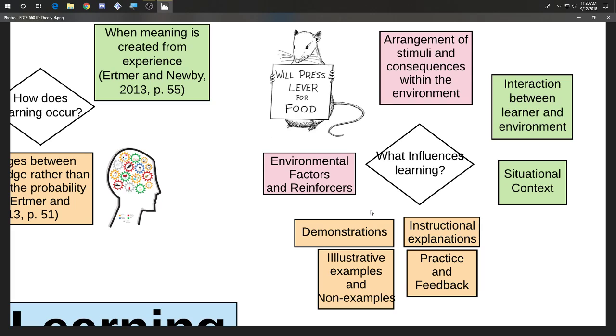The mouse wants food, and the mouse is willing to exhibit a specific response to gain a desired outcome. So we have stimulus, response, basically operant conditioning, if you will. So what influences learning?